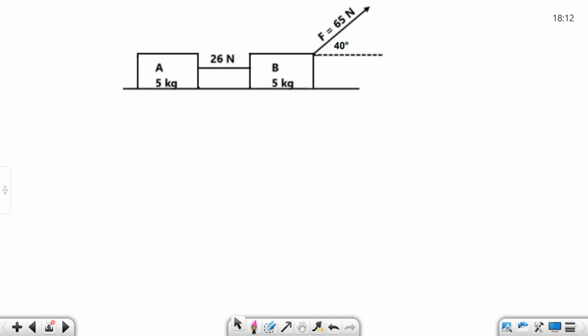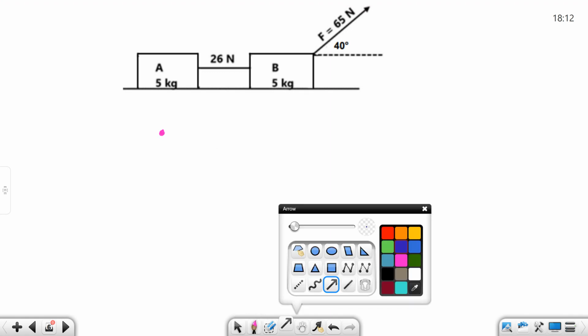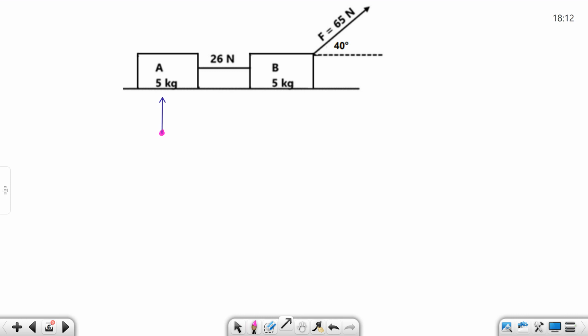A dot there. What forces are acting? Normal. What else? Gravity. Friction to the left. Why? Object is moving to the right. And there's a tension force there. Tension, friction, normal, and Fg.